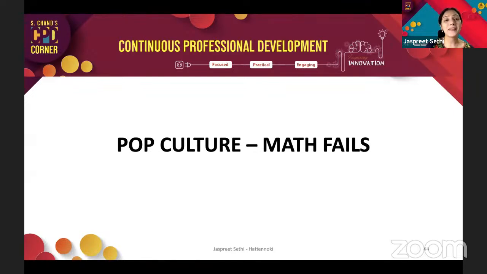Math fails are basically from life. I just try to show ways in which people have not used math correctly or efficiently, or they've made some mistake or error in their mathematical understanding of a concept, or just human error, and how that contributes to losses as well as, sometimes, life.